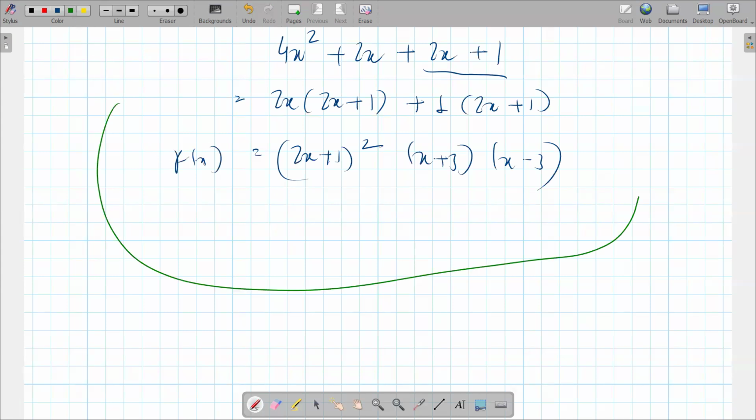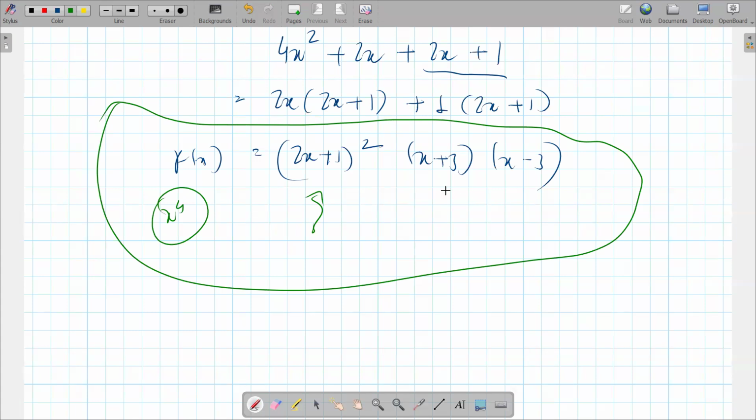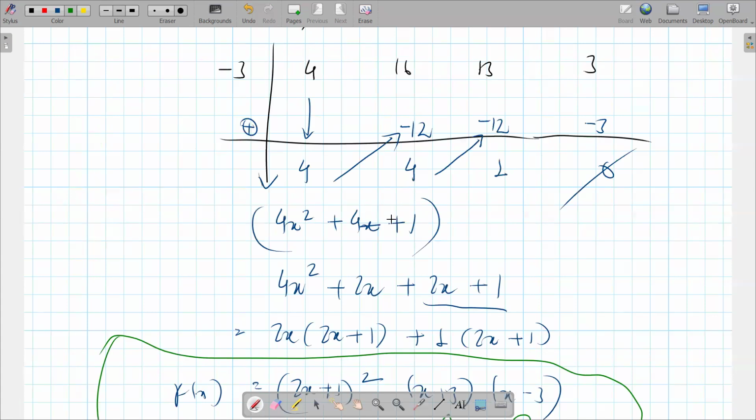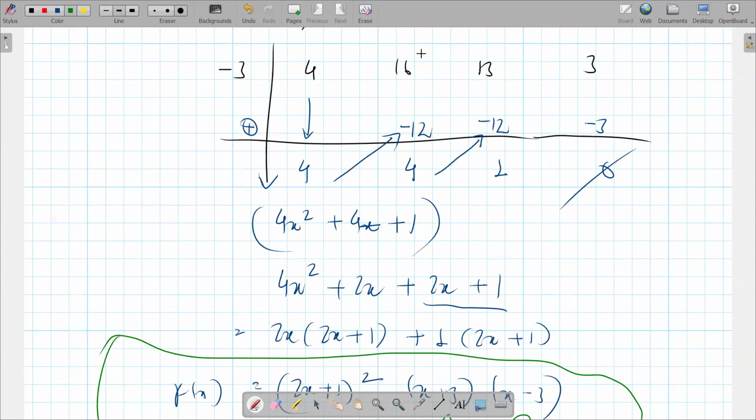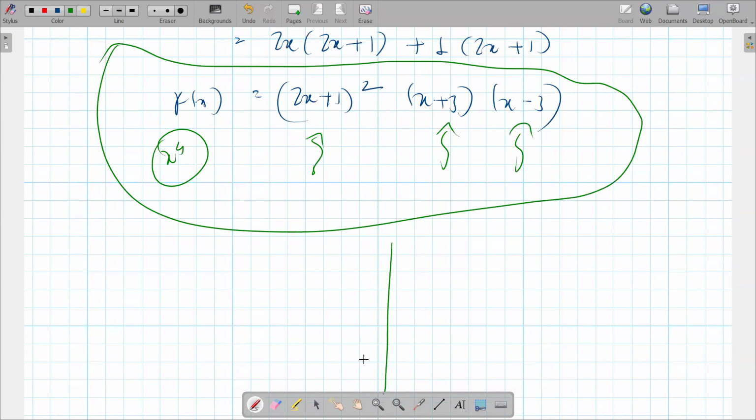So therefore, fully factored, because it was an x to the 4 term, you have quadratic, you have linear, and that nicely adds up to be a quartic function. To graph this, again, not that difficult. You know your y-intercept is -9, and you have all your zeros here.